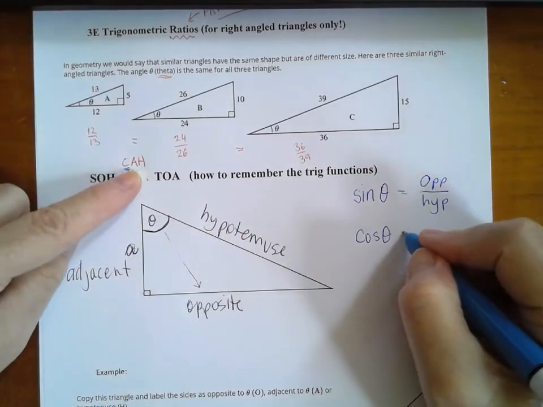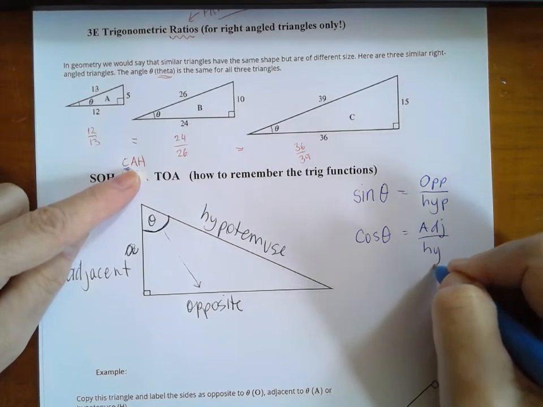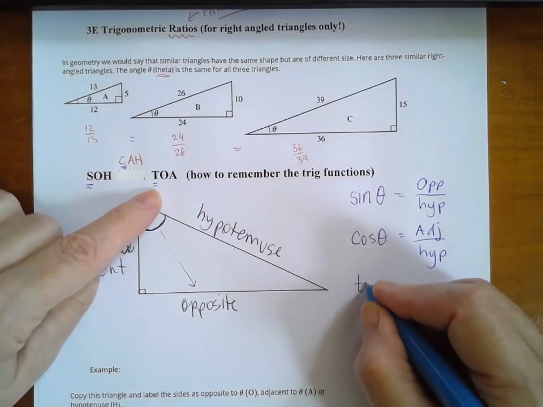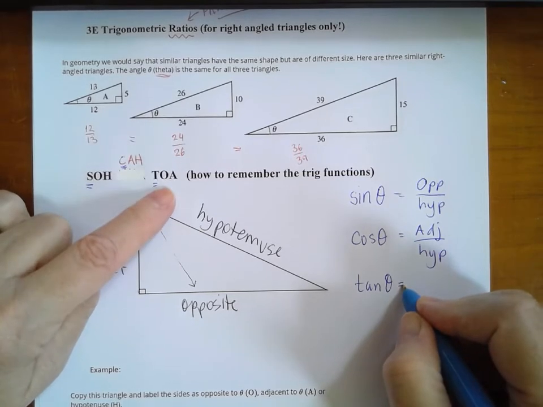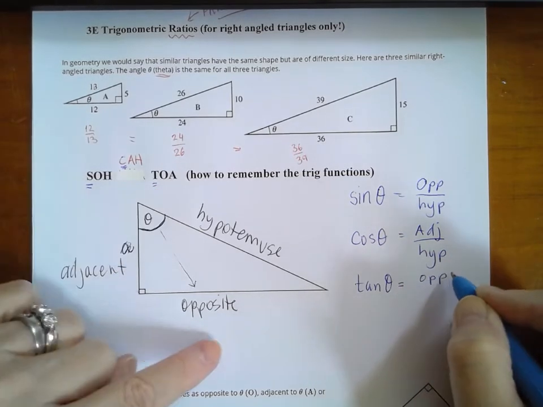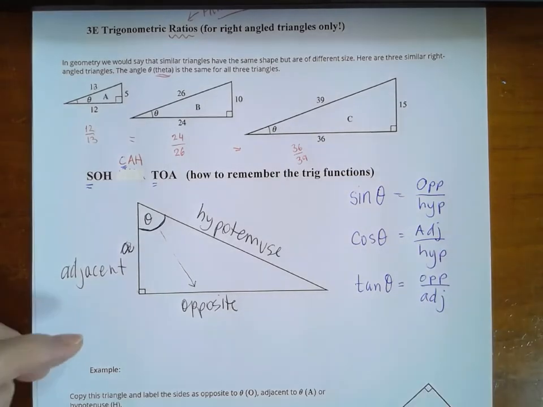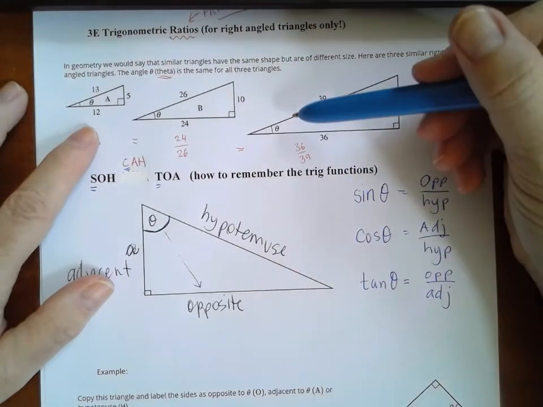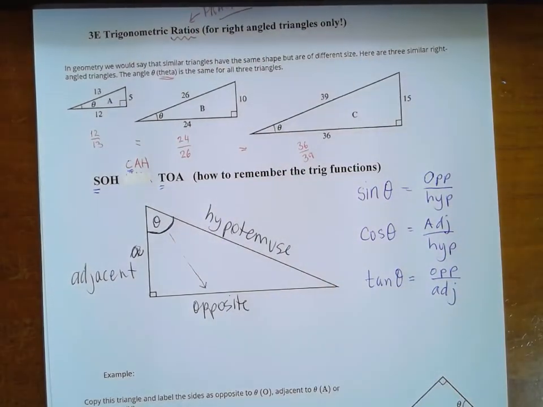Adjacent over hypotenuse. And we say the tangent, we don't say tan, we say tangent, is opposite over adjacent. And it doesn't matter how big the triangle is, because we always know that these ratios, for any given angle, are going to stay the same. We can reduce them into the same number.